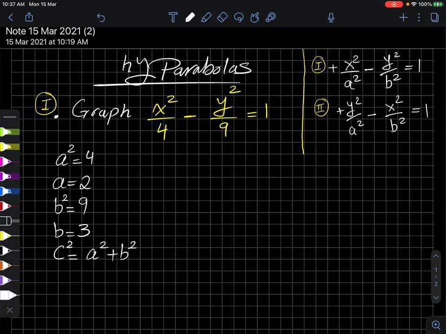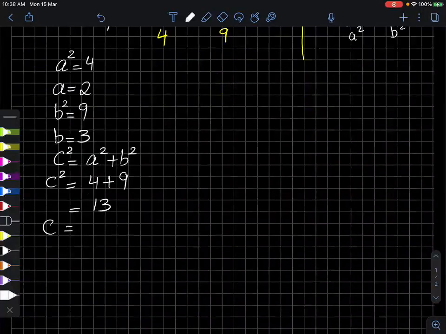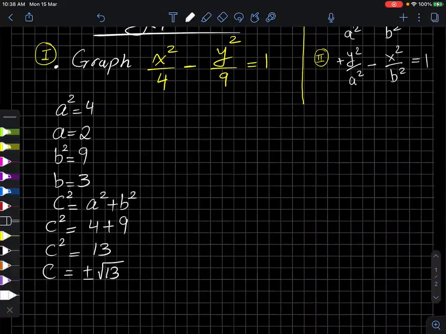So c squared is equal to a squared plus b squared, which is 4 plus 9, so it is equal to 13. So c is equal to plus or minus radical 13. Okay, so let's graph it.